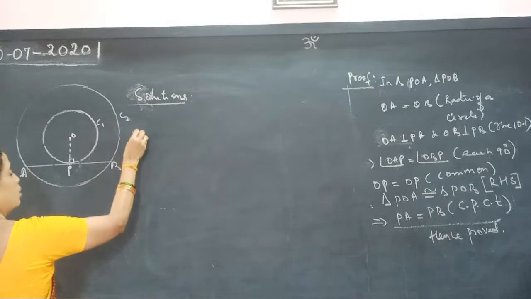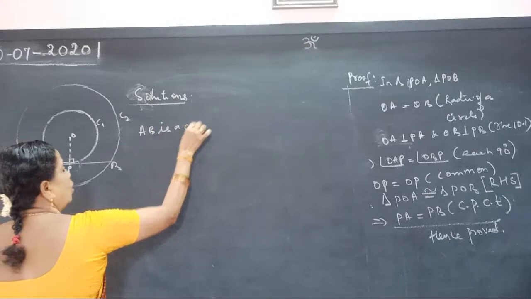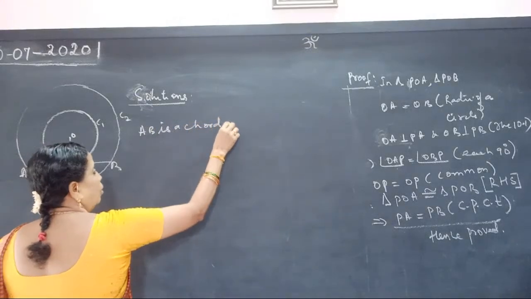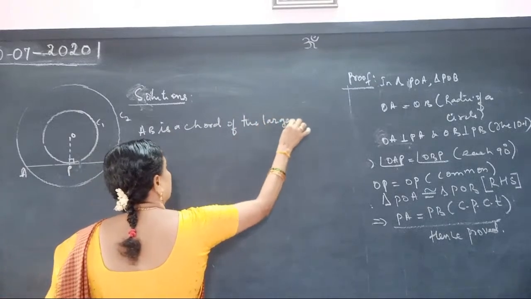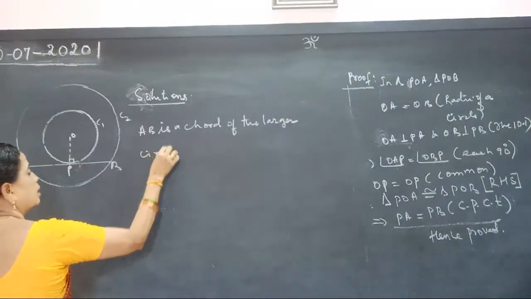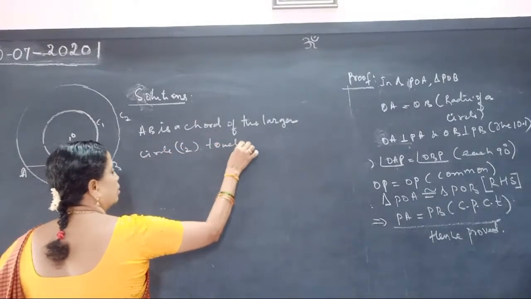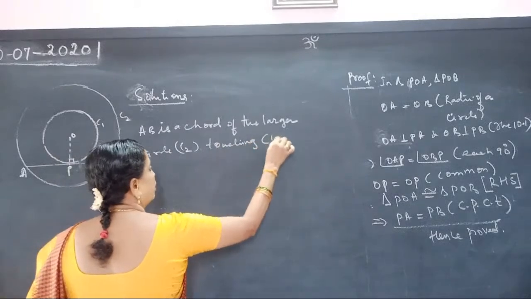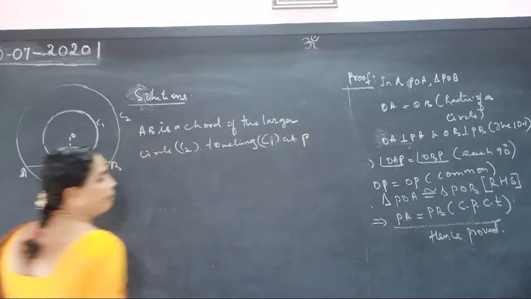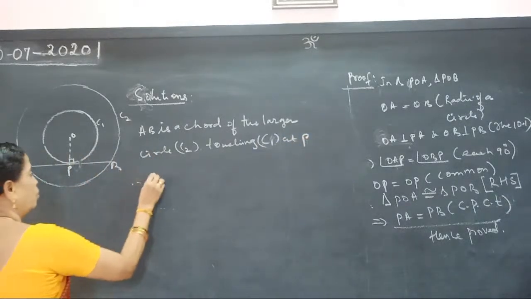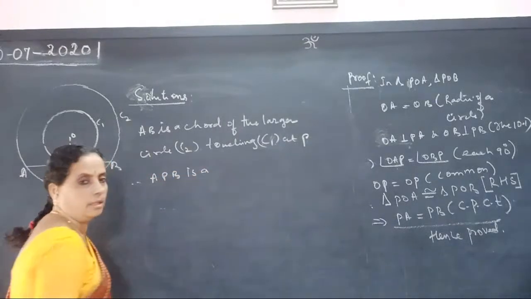Here, AB is a chord of the larger circle C2 touching C1 at P. Therefore, APB is a what?